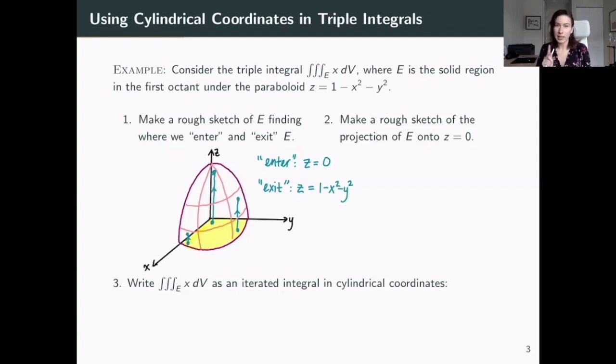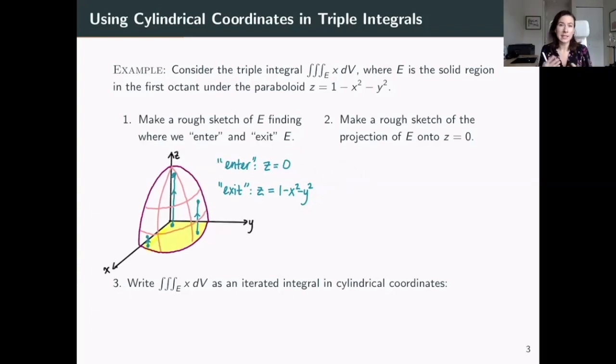Now here's where we need to pause. We are wanting to eventually switch this into cylindrical coordinates. So at some point, we're going to want to make sure that these x's and y's don't have anything to do with our integral. Everything should be in terms of r and theta.